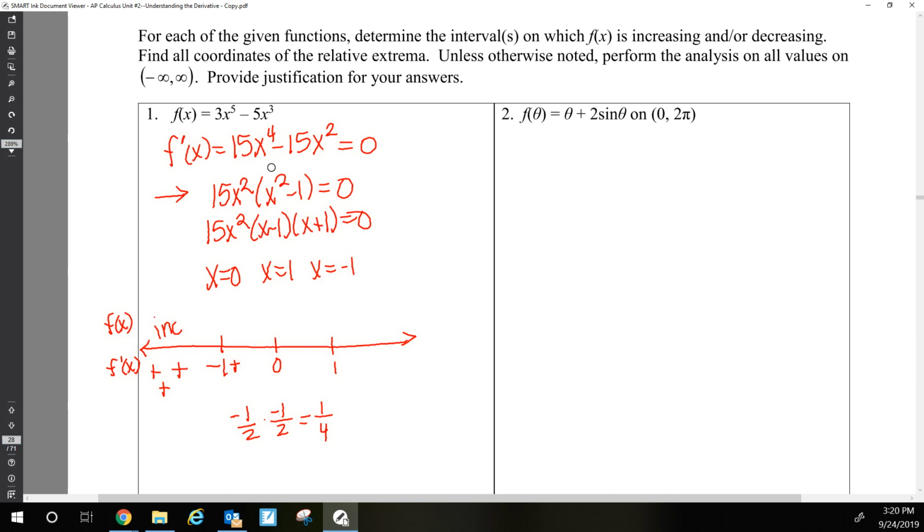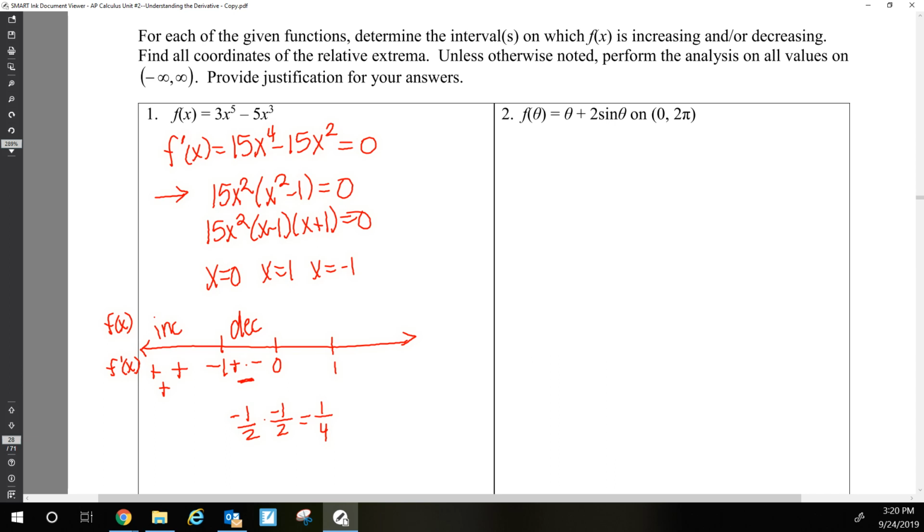So this would be 1/4 minus 1. Is that going to be positive or negative? 1/4 minus 1 would be negative. So this would be positive times negative, which is negative, which means in this portion of the graph, my derivative is negative and the function graph is decreasing.